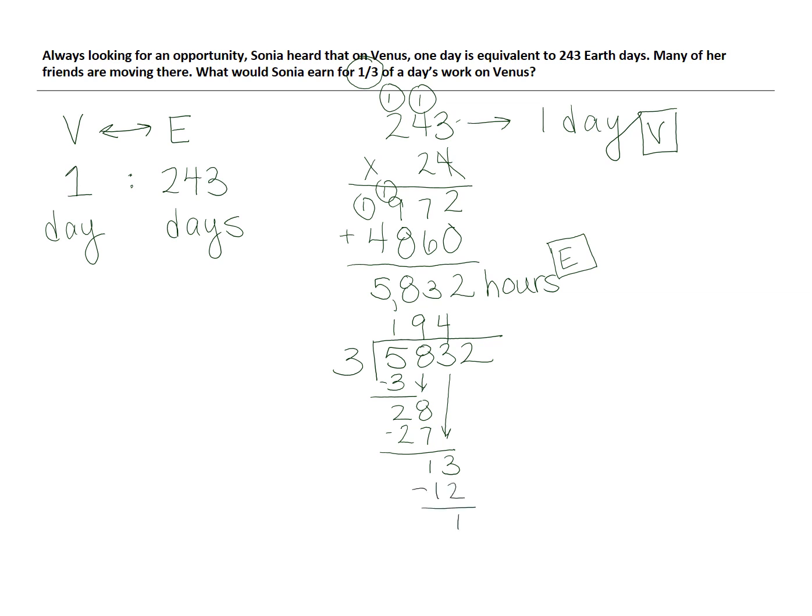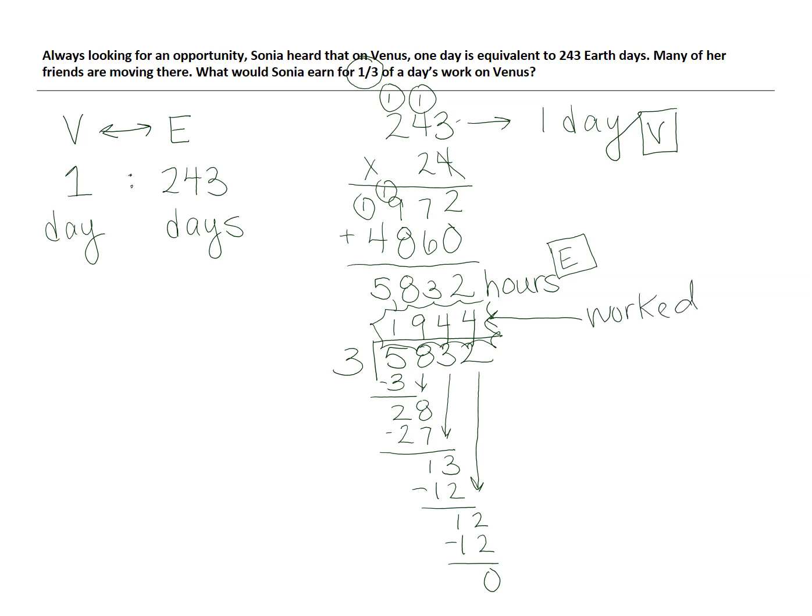Subtract, you have 1 left over, bring down the 2. 4 times 3 is 12 again, 0. So this is how many hours she worked. 1,944 hours she worked.